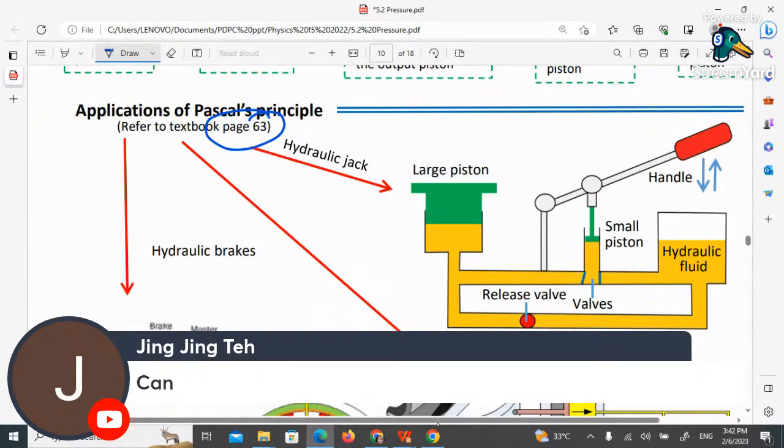Handle is pushed up and down repeatedly, not once only, repeatedly. So you will increase the large piston to lift up the load.